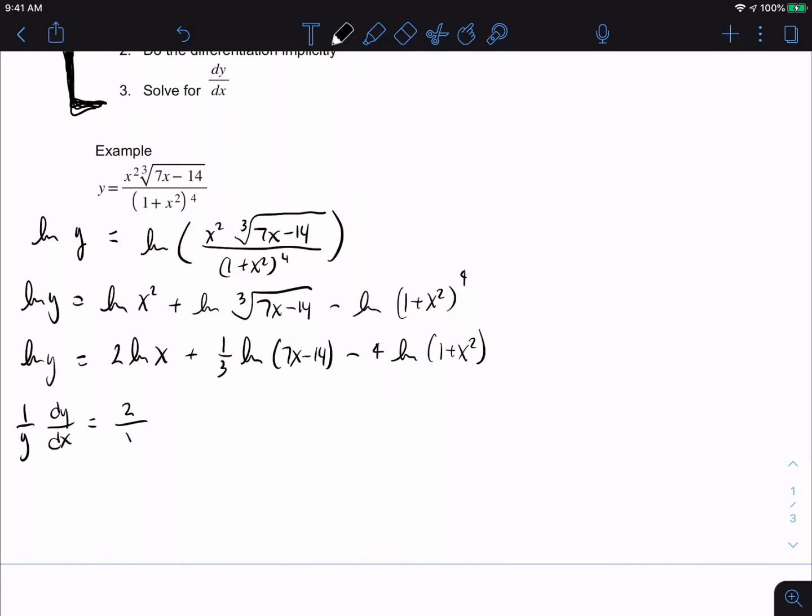This is going to be 2 over x because ln of x becomes 1 over x, plus 1/3 times 1 over 7x minus 14, but then I have to take the derivative inside, so I have to multiply by 7, by the chain rule.